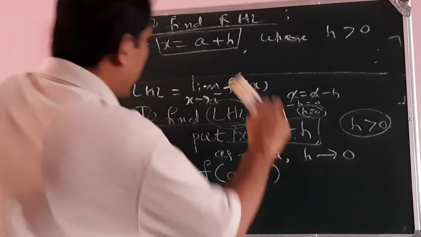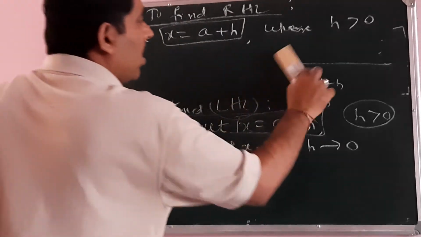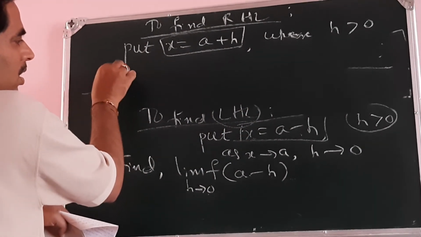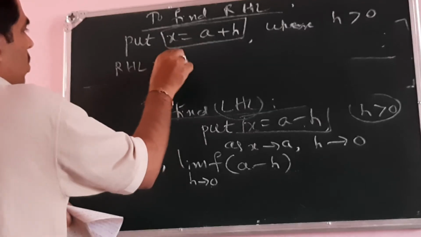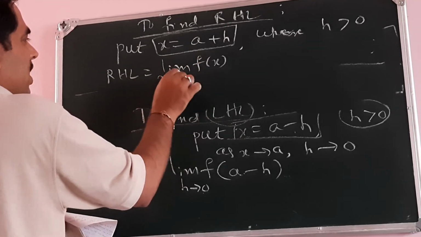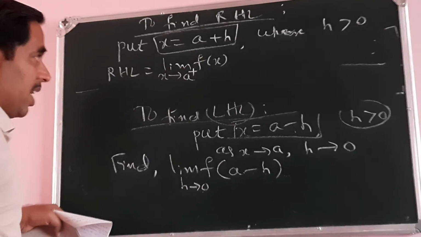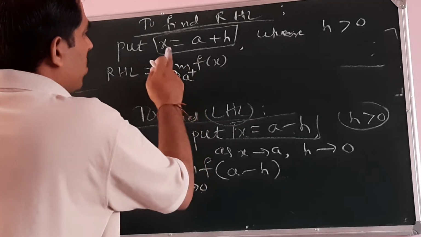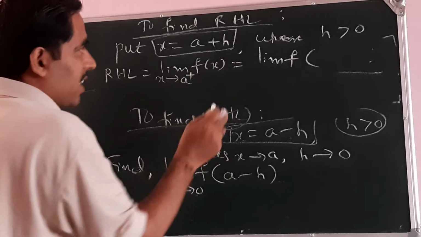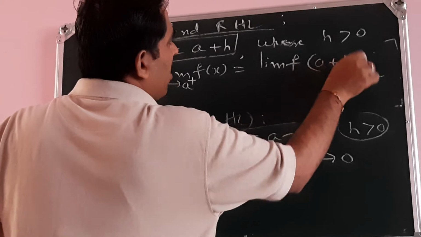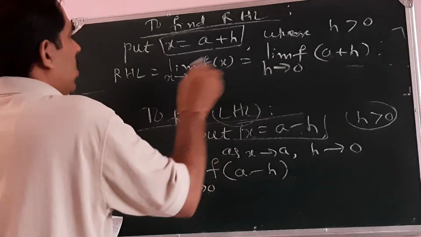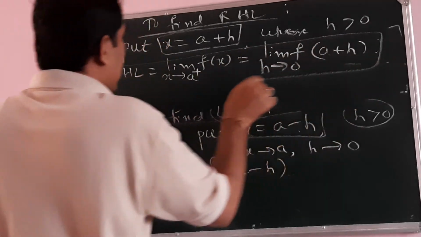Then our right hand limit, the limit of f of x as x tends to a plus, becomes, on putting x is equal to a plus h, the limit of f of a plus h, where h tends to 0. So we have to calculate this.